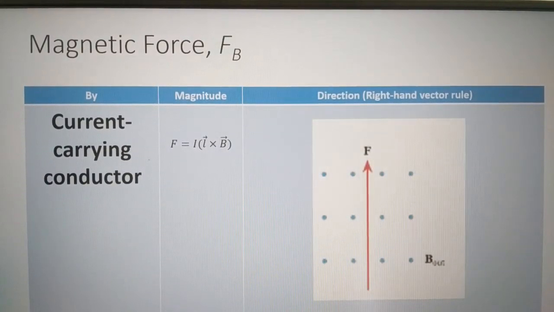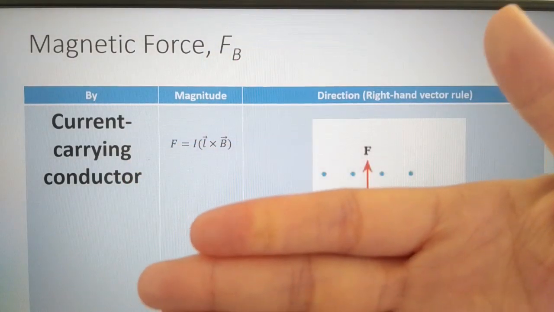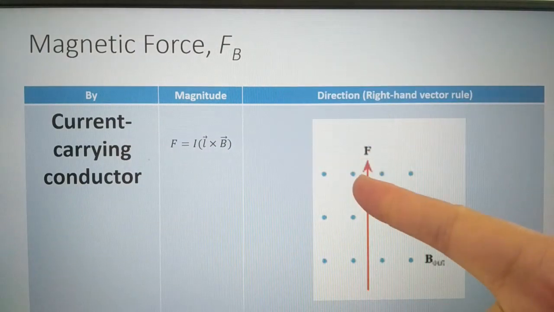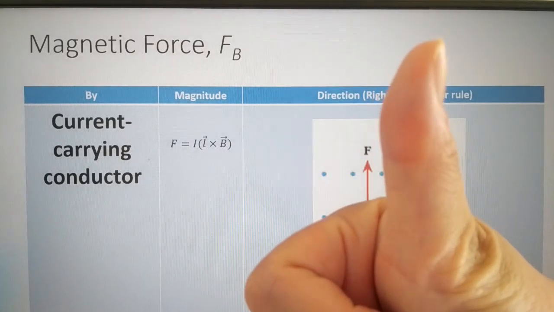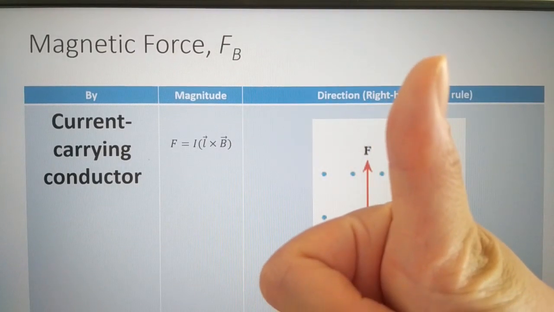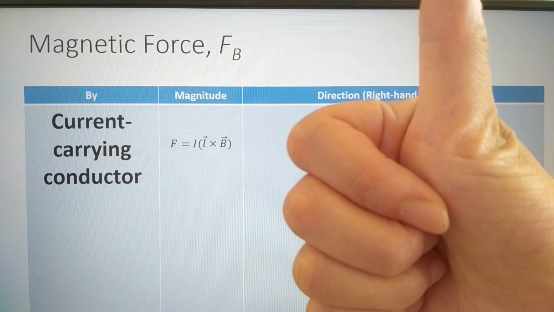Okay, what about this? So you are given force experienced by the current carrying conductor inside a magnetic field which is pointing out of the page. So what is the direction of current? So it is like a reverse process, okay? So first of all, take out your right hand as well, right hand vector rule. So now you know the product is pointing up, and you know that the thumb is the direction of your product, which is force. So force is pointing up.